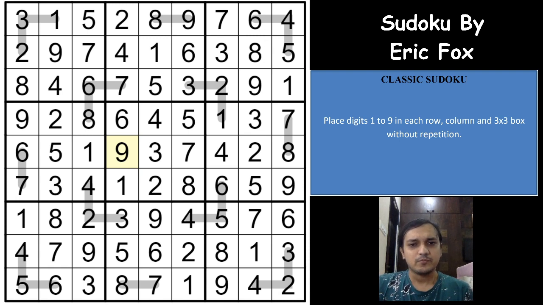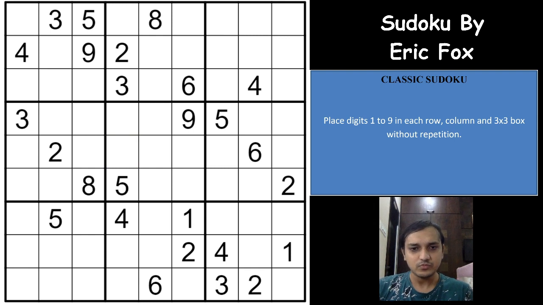Now, coming on to today's Sudoku. Today's Sudoku is constructed by Eric Fox, a great constructor who has recently constructed many excellent Sudokus. In today's video we'll be learning a new advanced Sudoku logic called skyscraper logic, or in other words, X cycles.